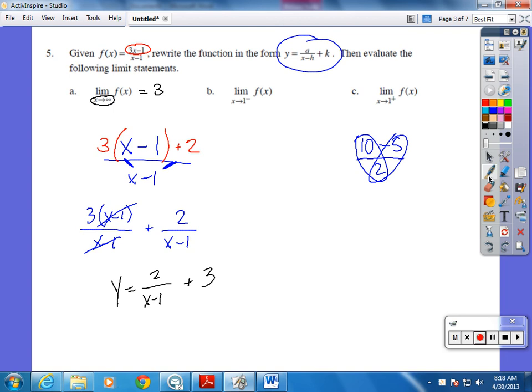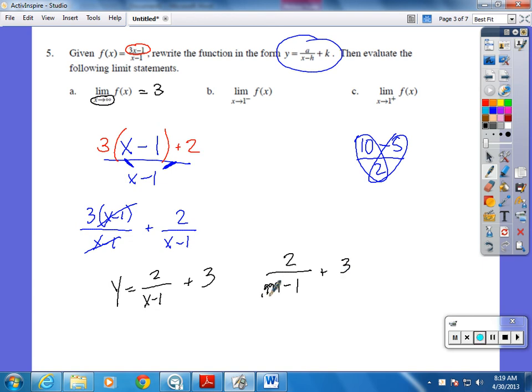Okay, this one gets a little trickier. As we're approaching 1 from the left, that means we're just a little bit smaller than 1. So what's a little bit smaller than 1? 0.99999 something. So 2 divided by 0.999 minus 1 plus 3.